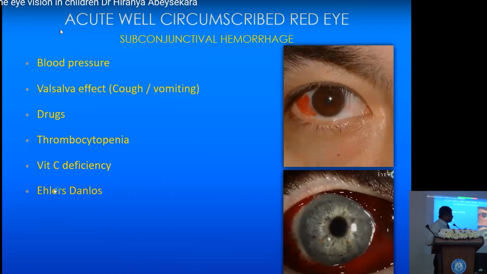In an adult or older child, it is better to get a blood pressure reading. If there's a cough, you can treat. Some drugs can interfere with the clotting mechanism and can cause this even with minor trauma. Platelet abnormalities, vitamin C deficiency, certain diseases can cause it. So what is the bottom picture?